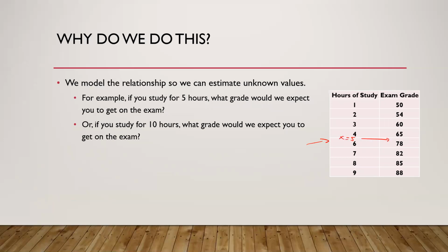No. So what we want to use this equation for is, if the night before, I'm going to study for 5 hours, what grade can I expect to get? It's going to be somewhere between a 65 and 78, obviously, but what exactly? Or if you notice there's no 10 here, what grade would you expect if you study for 10 hours? That's the whole point of regression.